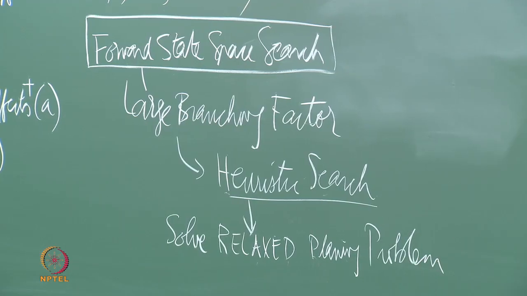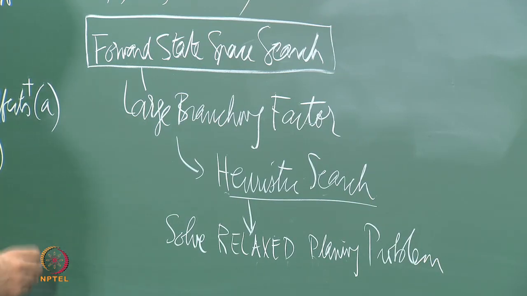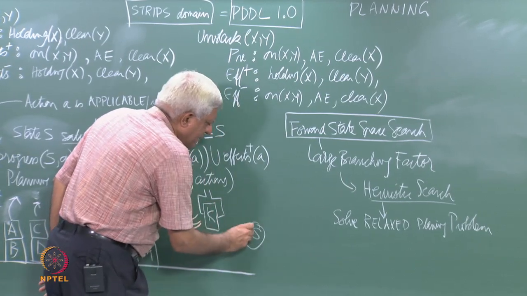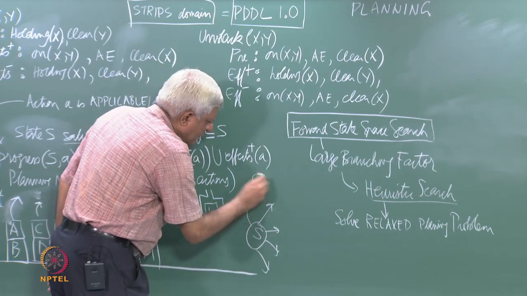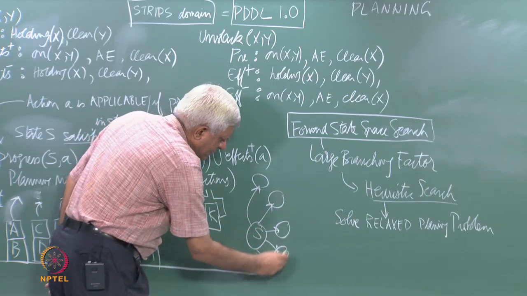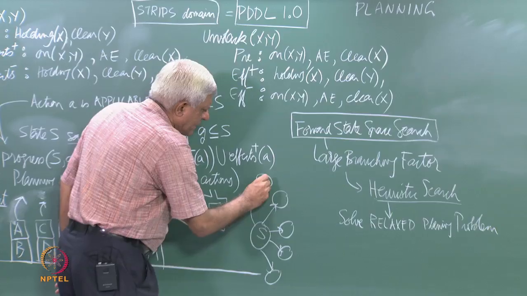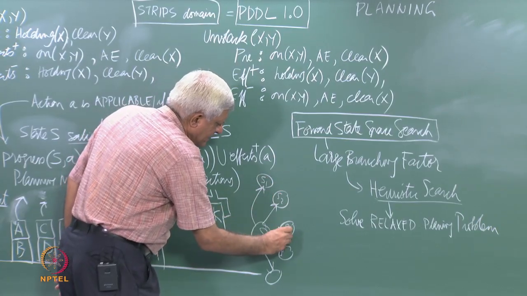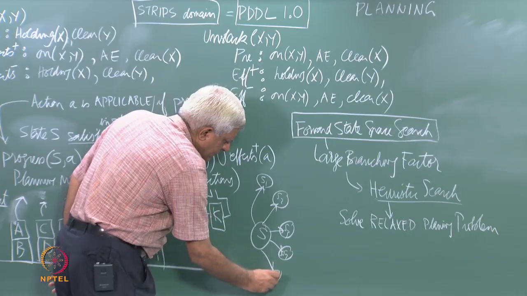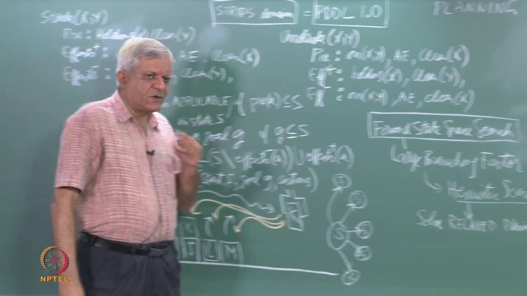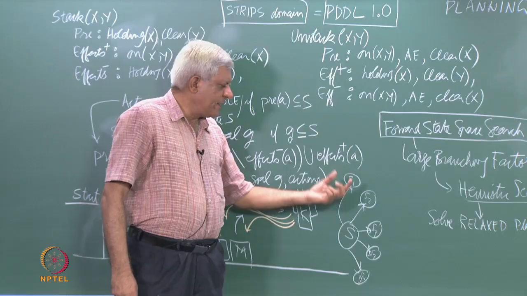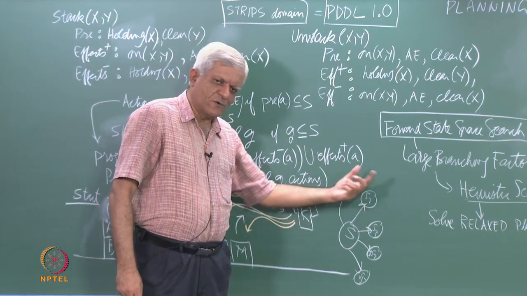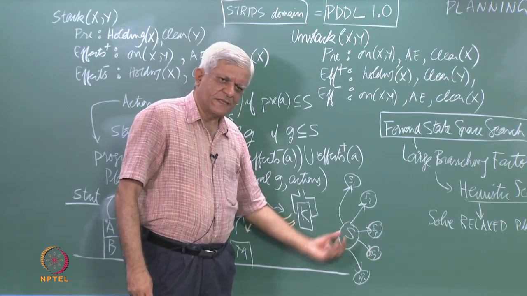and the approach that we use in planning is to solve what we call the relaxed planning problem. What do I mean by that? I mean that if I am in a start state S and I have all these possible moves from these states, let us call them S1, S2, S3, S4, S5, then I solve a relaxed planning problem going from S1 to goal and S2 to goal and S3 to goal and S4 to goal and S5 to goal.